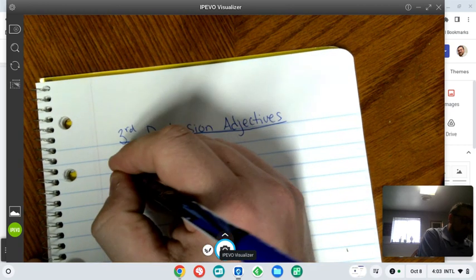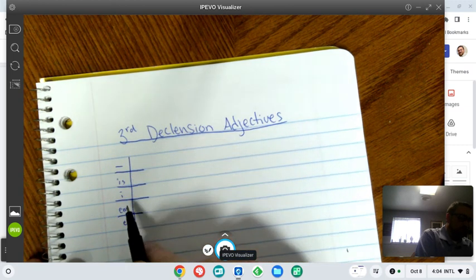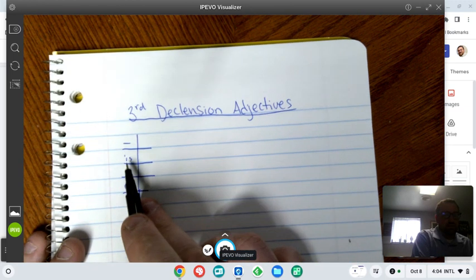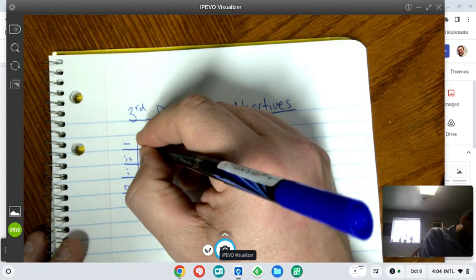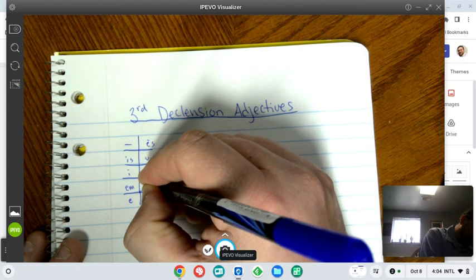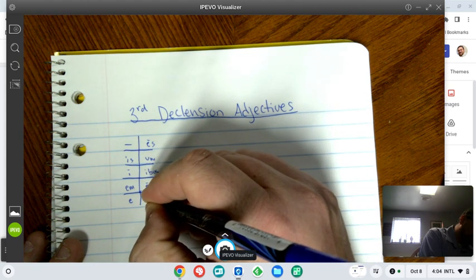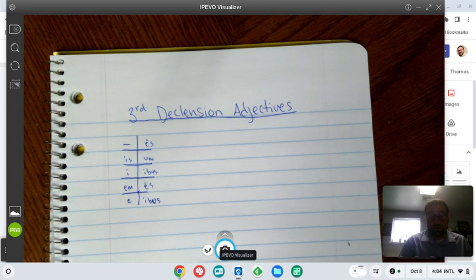It goes -is, -es, -i, -um, -ibus, and so on. So these were the endings of the third declension.